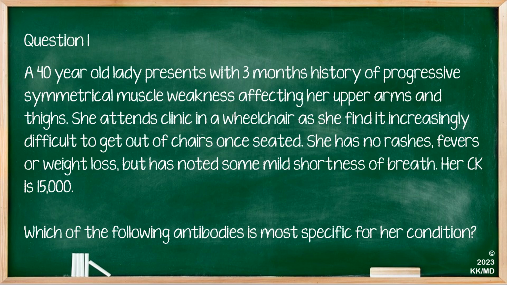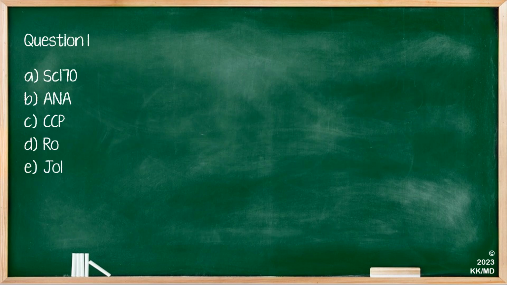So really it comes down to knowing your myositis specific antibodies. The options you've got are A, SCL7T, B, ANA, C, anti-CCP, D, anti-Rho, and E, anti-Jo1.